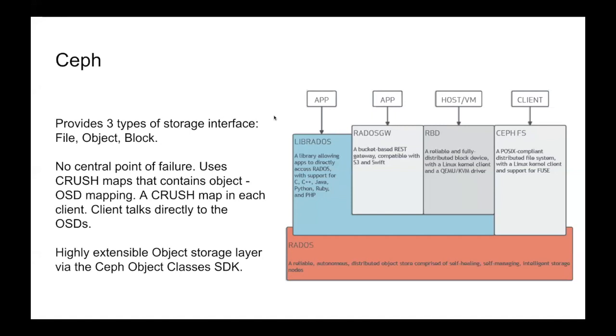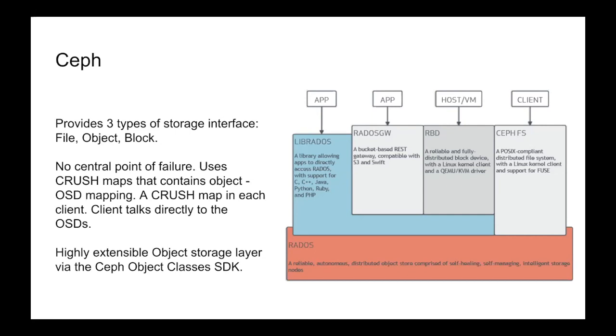Also, one of the most important features of Ceph is that the object storage layer of Ceph is highly extensible. It provides a software development kit for developers to build plugins and embed them inside Ceph, so that people can embed user defined functions in the IO path of Ceph.